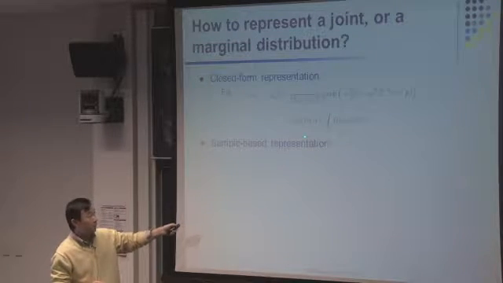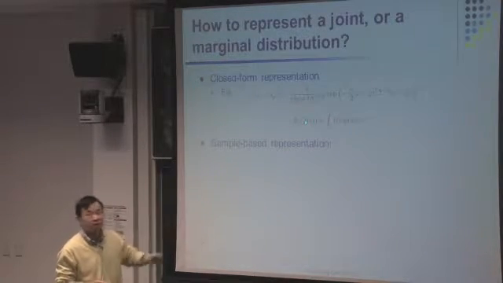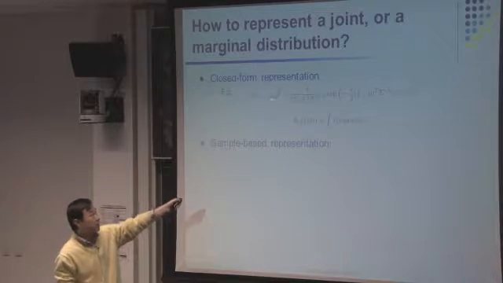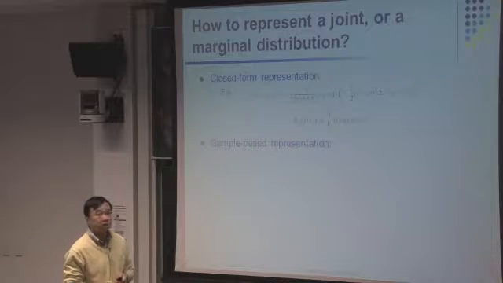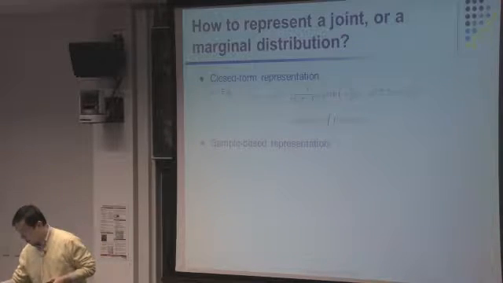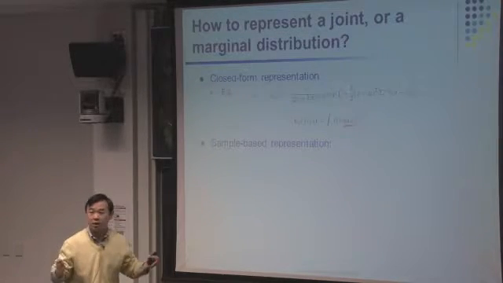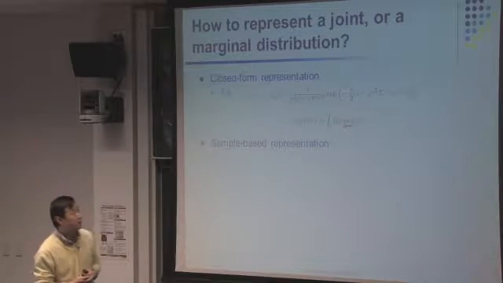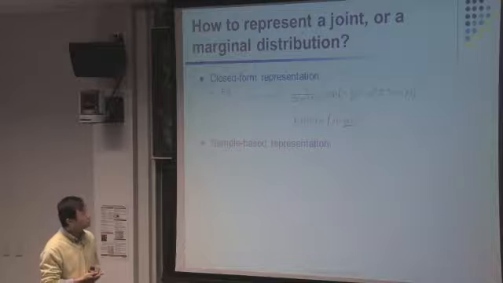For example, here, I want to compute the expectation of some function under this distribution. And if you have this closed form expression, then we can bring in the p into here, and then you can do the integral and compute everything. So that's basically a very nice inference operation.